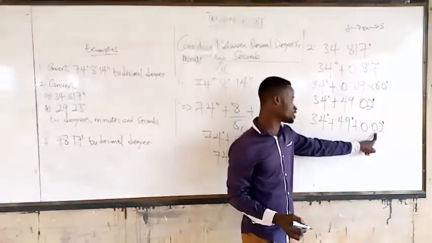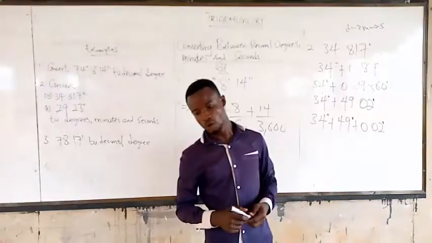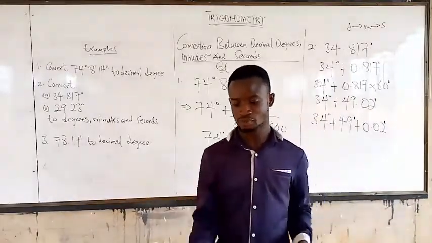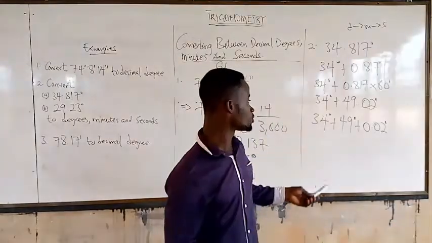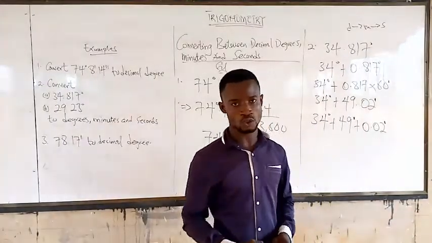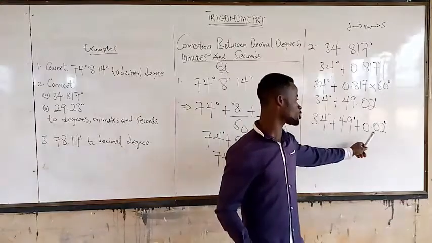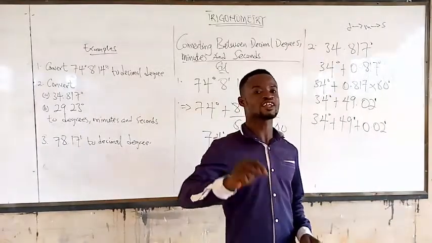So we have to change this minute to what? To seconds. And as I said, to change this to seconds also, we are going to multiply this by 60 seconds.